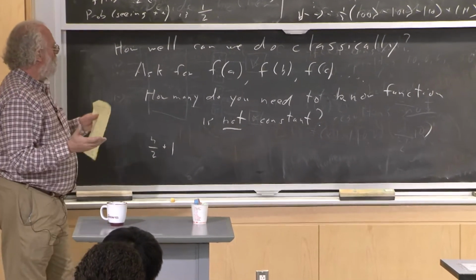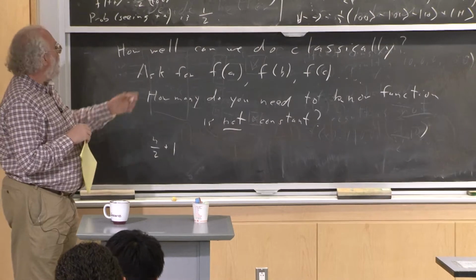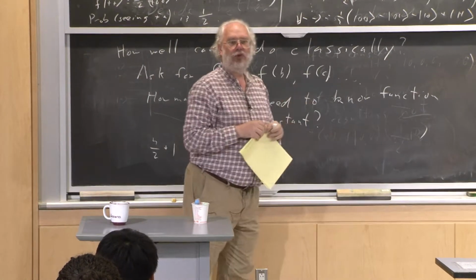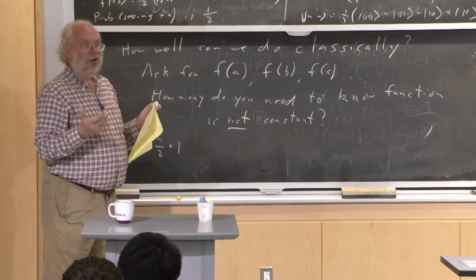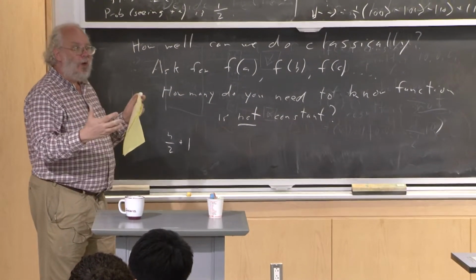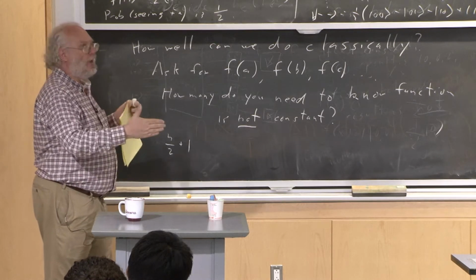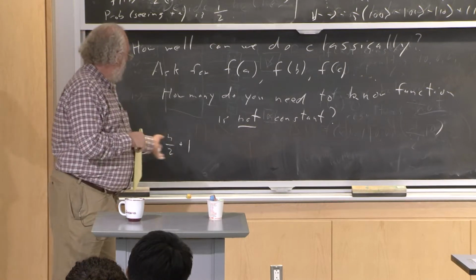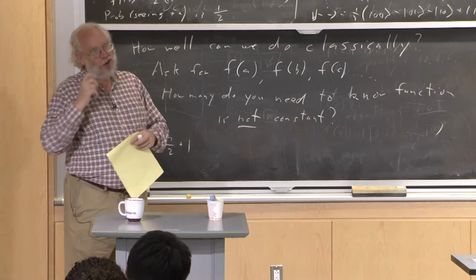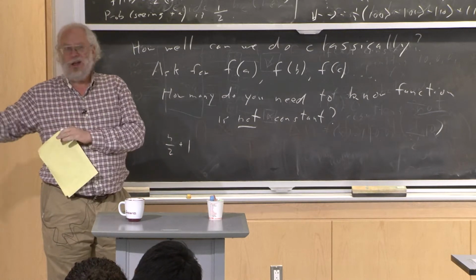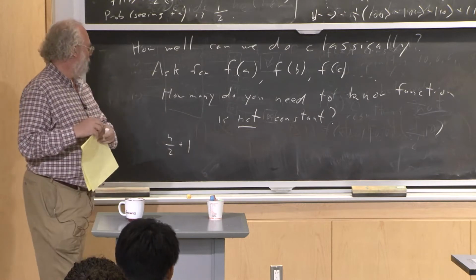Because if you get the first one 0, the second one 0, the third one 0, all the way up to N over 2, you might have been very, very unlucky and just chosen all your zeros, and then the next one is a 1.